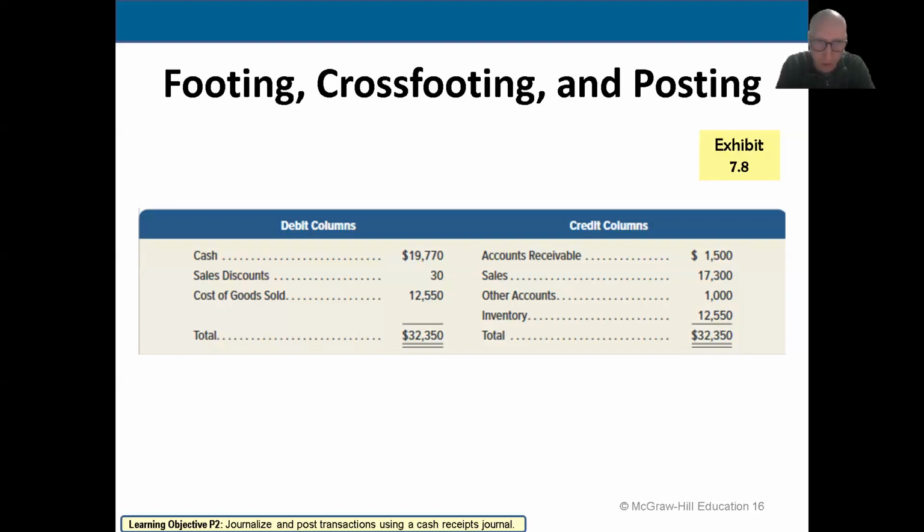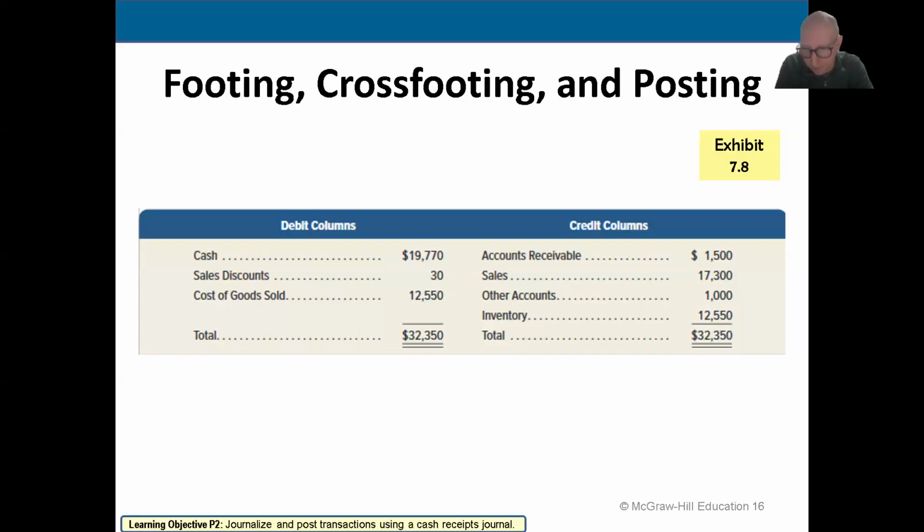We make sure that our debits equal our credits at all times, and we do this for all of our accounts. So here we see cash, sales discounts, cost of goods sold on the debit column. The reason why it's a debit column is because those three accounts normally hold a debit balance.